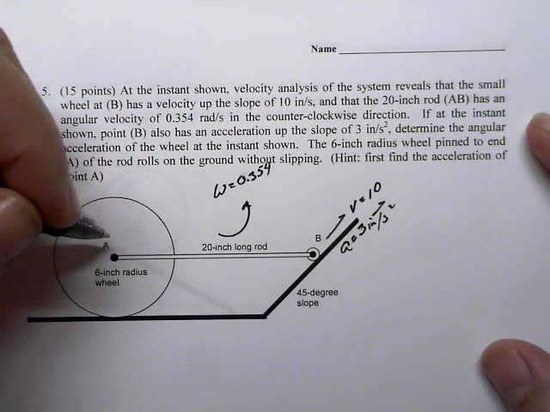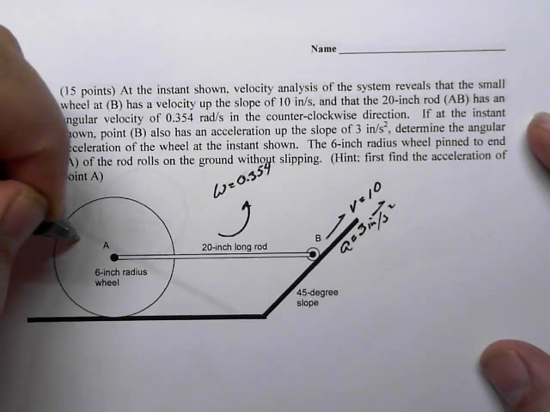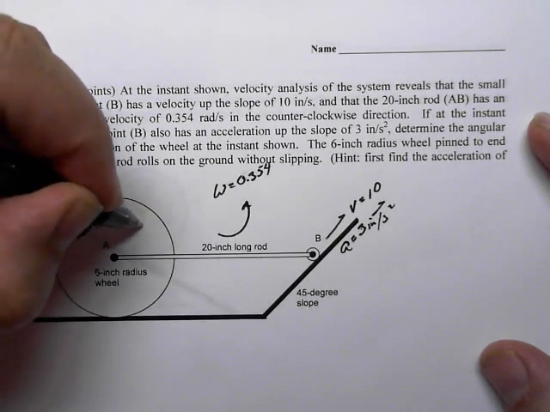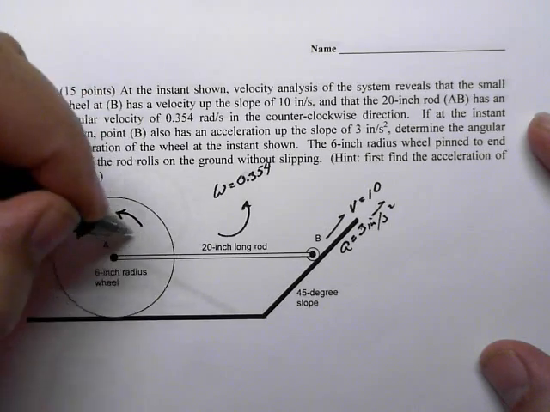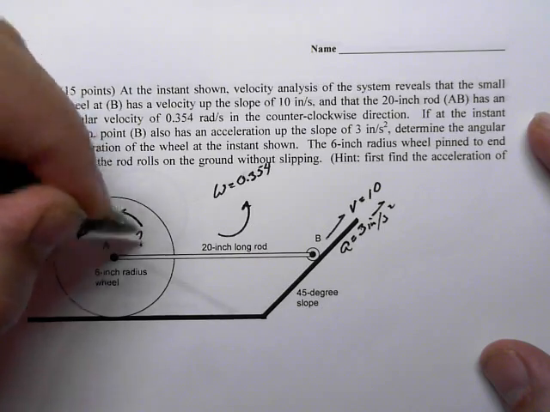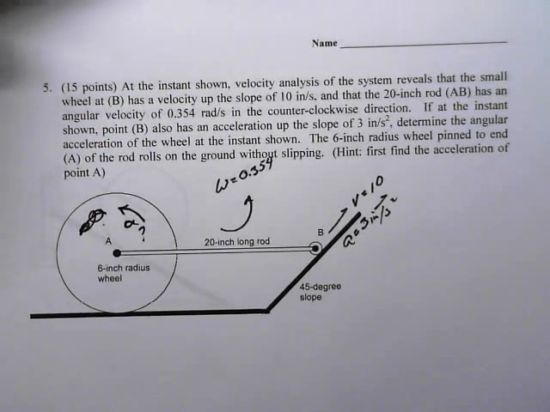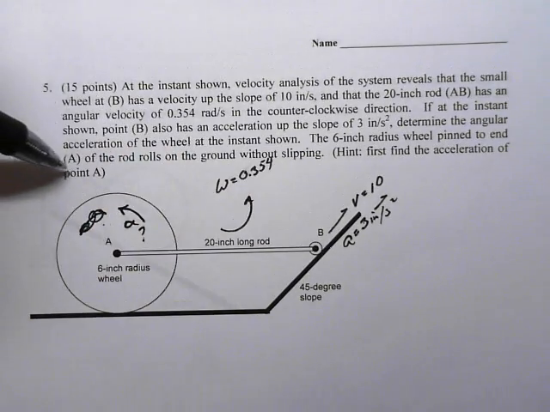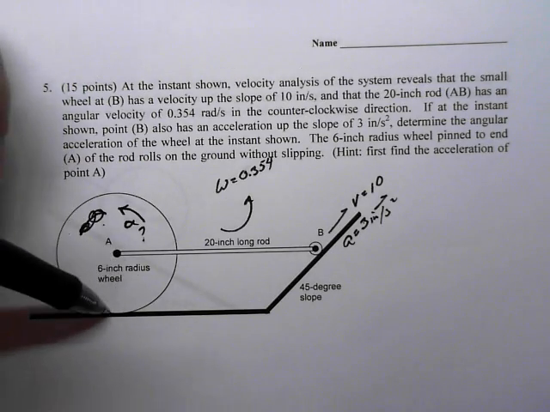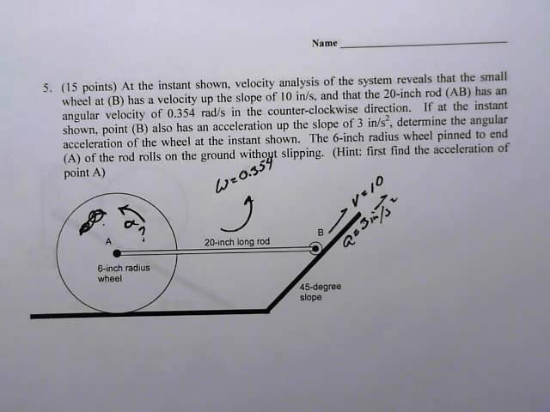Okay, and so we're going to want to know, right hand rule positive would be counterclockwise, and so that would be an alpha question mark. We want to know the alpha of the wheel. Okay, the 6-inch radius wheel is pinned to the end of the rod and rolls on the ground here without slipping. Hint, first find the acceleration of point A.